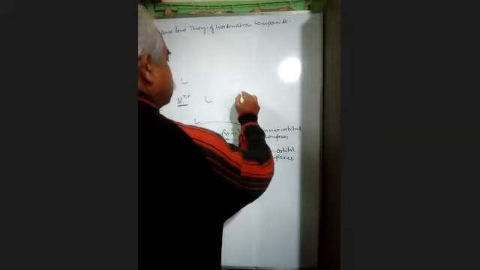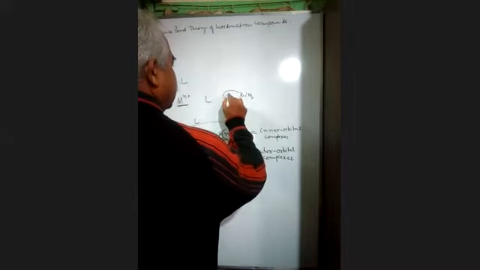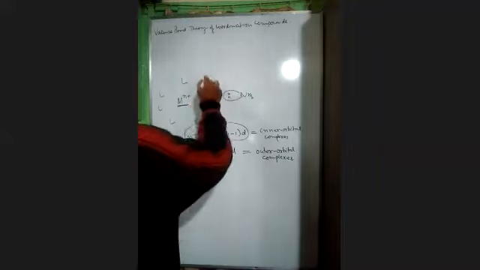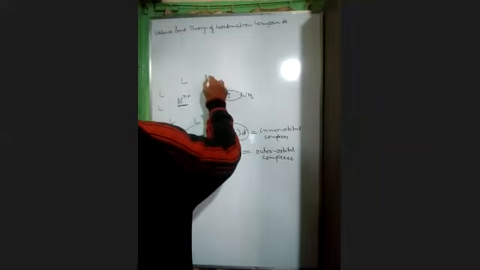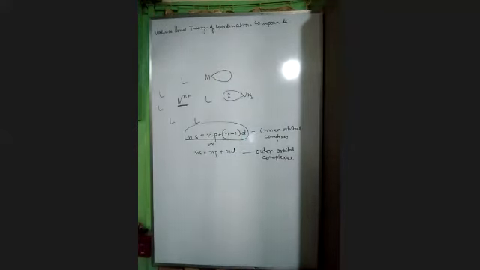That is, according to valence bond theory, the complexes are being formed by the overlap of the filled orbitals of the ligand, say it is ammonia, with the empty hybridized orbital of the central metal atom or ion.